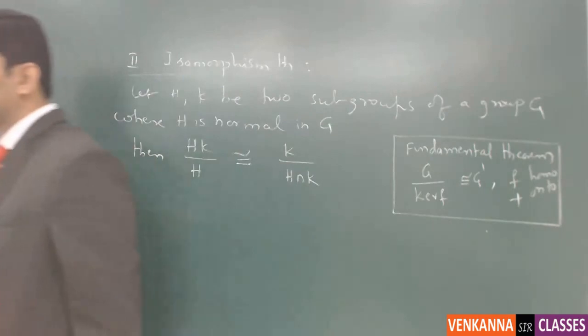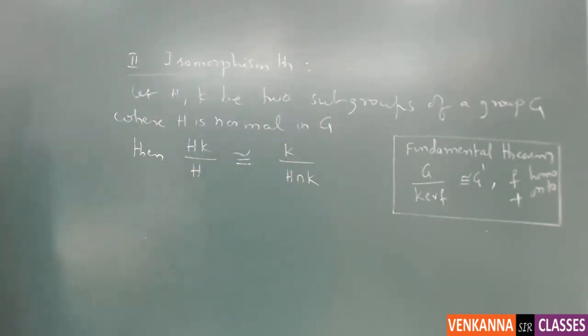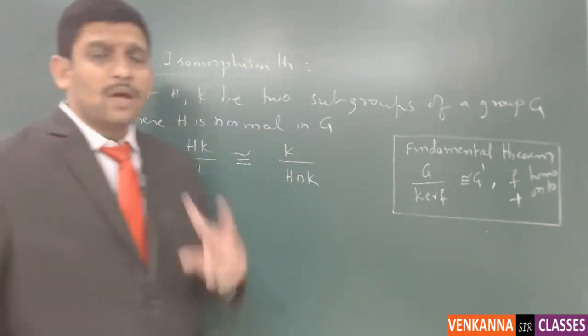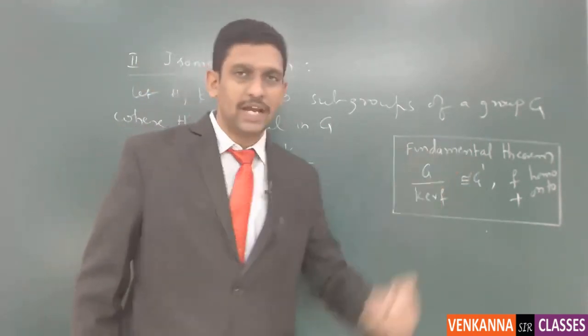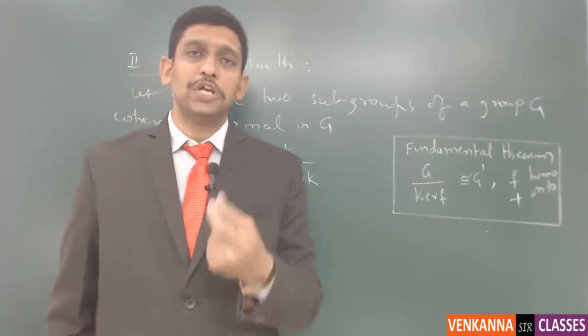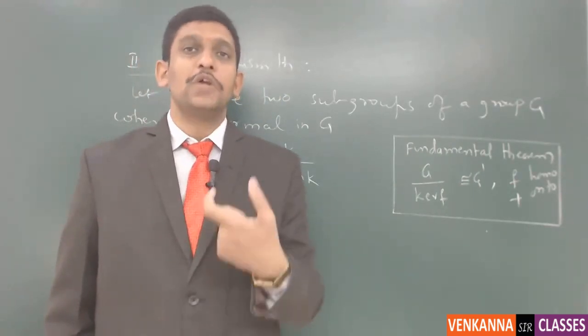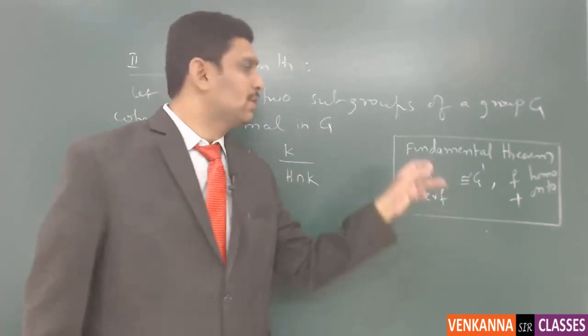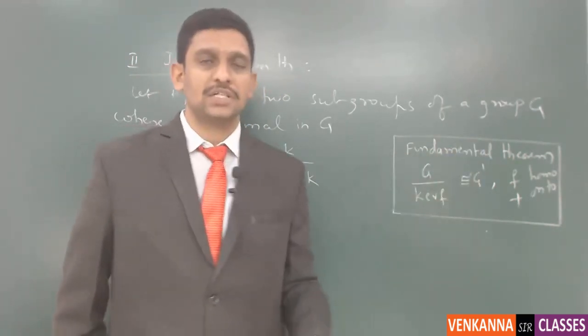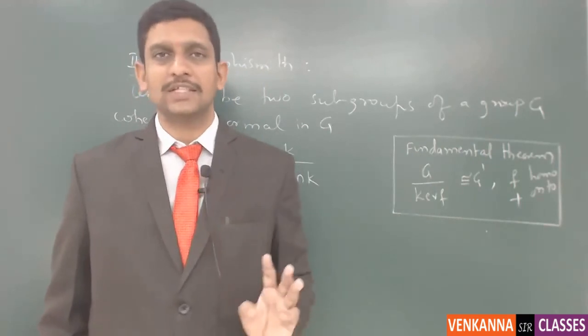So what it says is, whenever you have two groups, G and G dash, your duty is to define a function f between G and G dash as per your convenience.